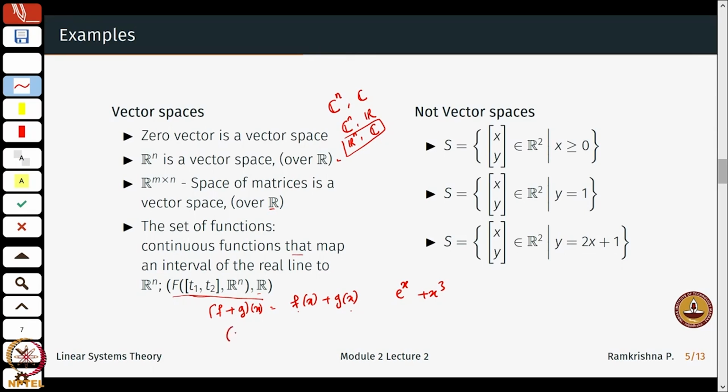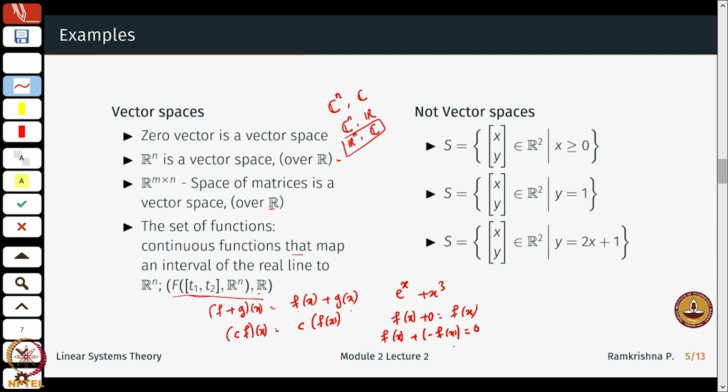Similarly, I take a scalar c, and c f over x is the same as c f of x. I will also have the 0 function, f of x plus 0 will give me f of x. Similarly, I will also have the negative of a function, f of x plus minus f of x is 0.